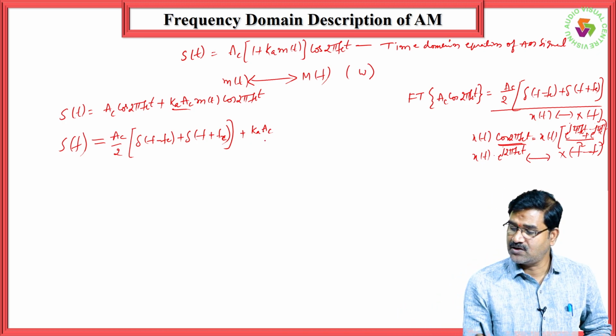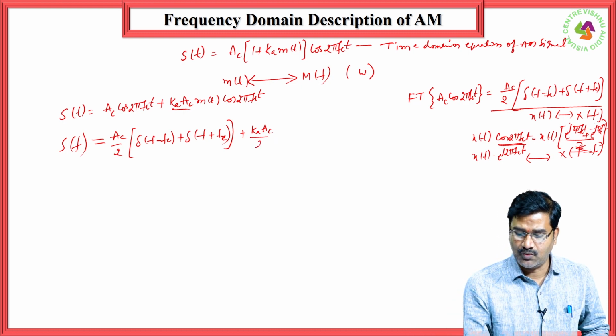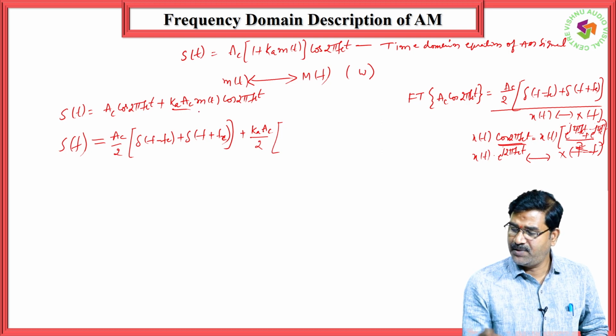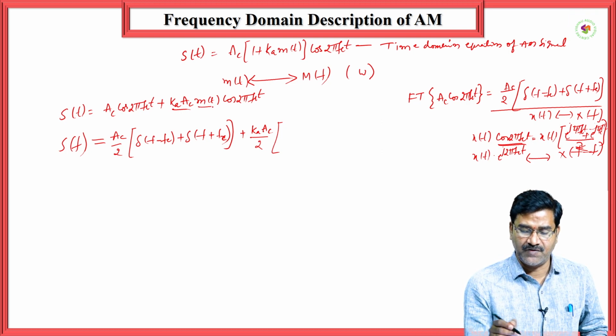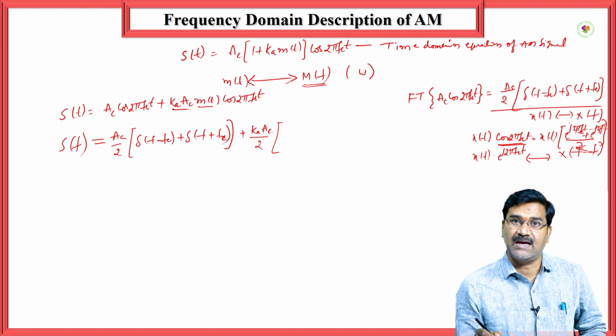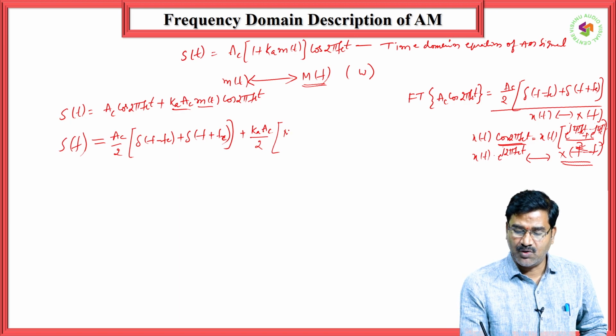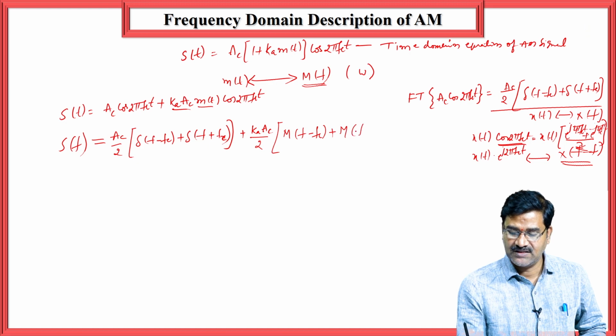Another parameter is the factor 1 by 2, I am writing over here. Now in place of x of t you have m of t. So the Fourier transform of m of t is M of f. Hence, as per this shifting property, you will get here M of f minus fc plus M of f plus fc.